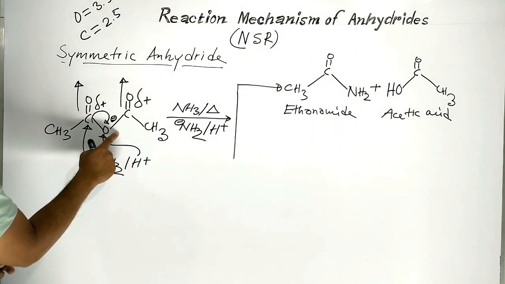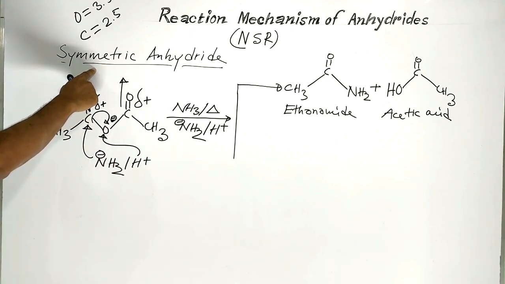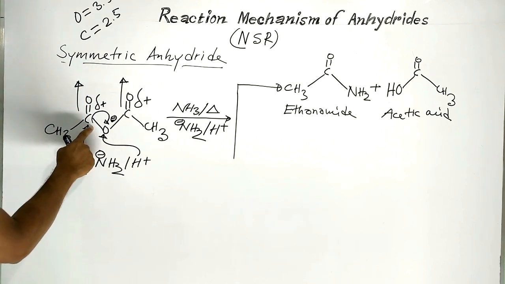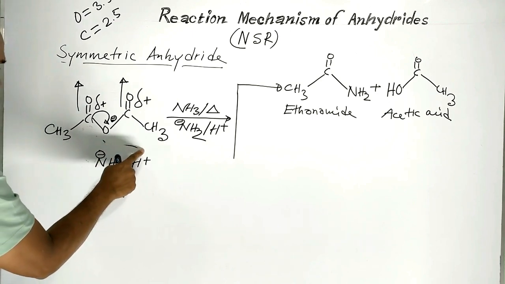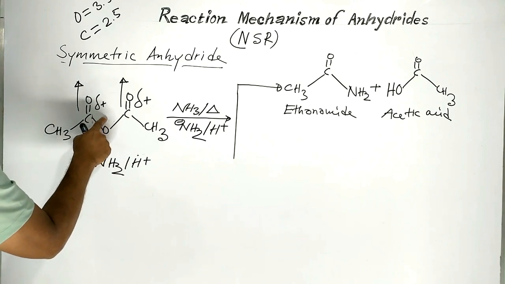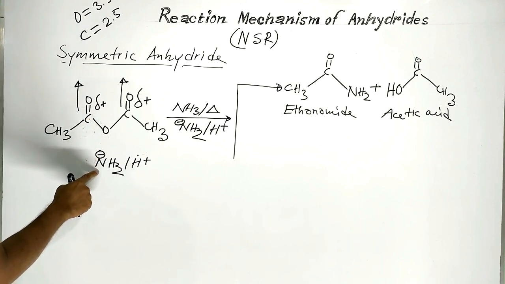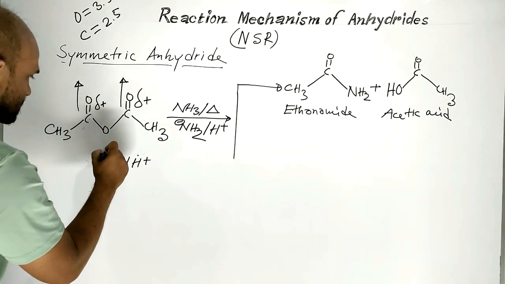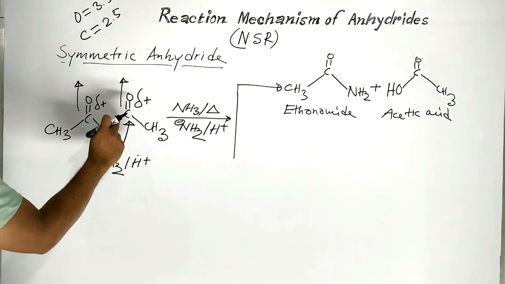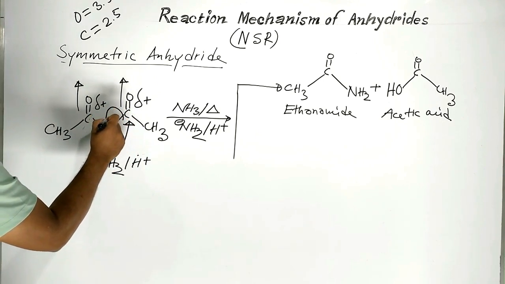Here we know that this is a kind of symmetric anhydride. Now let us see why this anhydride is symmetric anhydride. Suppose this negative ion attacks this carbon, then this carbon oxygen bond suffers heterolysis.